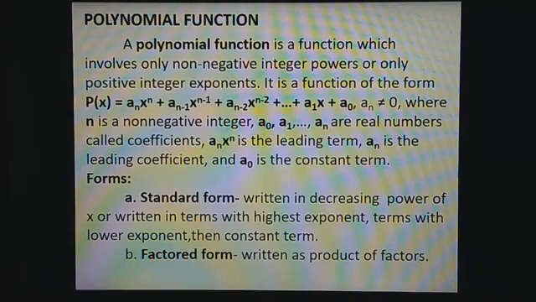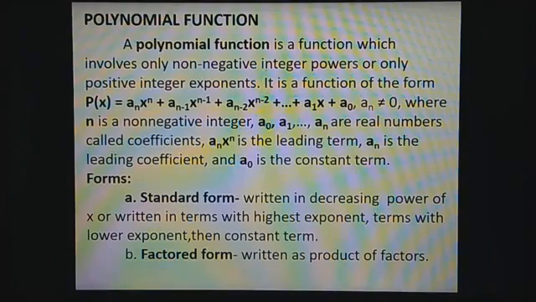So when we say polynomial function, it is a function which involves only non-negative integer powers or only positive integer exponents. It is a function of the form p of x equals a sub n x raised to n plus a sub n minus 1 x raised to n minus 1 plus a sub n minus 2 x raised to n minus 2 plus and so on and so forth up to a sub 1 x plus a sub 0.